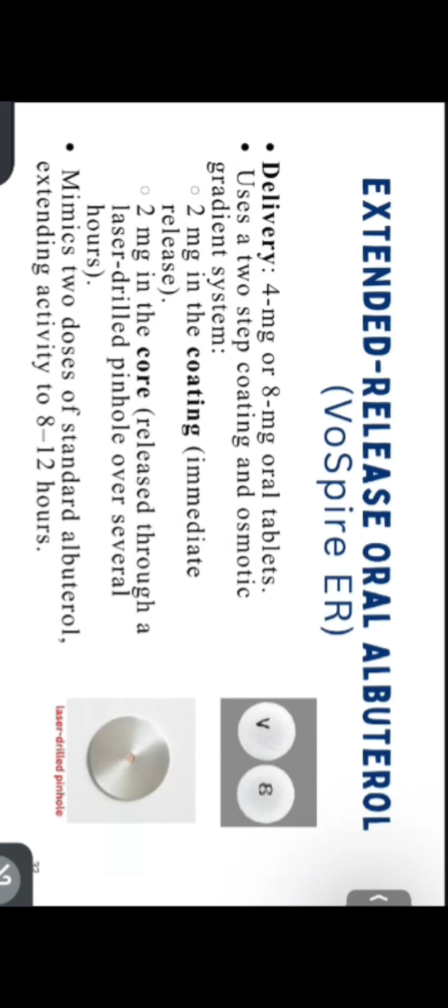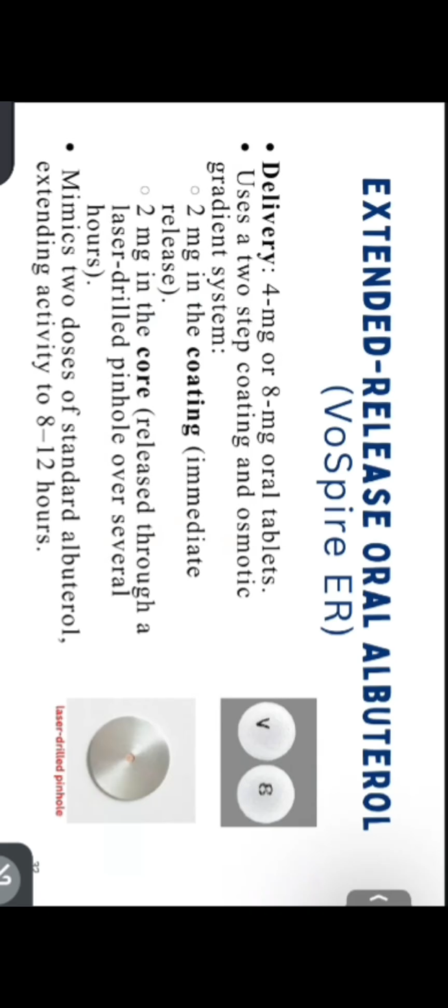So let's start with 2 milligrams in the coating. So this 2 milligrams in the coating is the outer layer that dissolves immediately to give you a quick 2 milligram dose, while the core holds the rest for later. So, dito sa core, dito na pumapasok yung osmotic gradient system natin. So, the osmotic gradient, think of this like a tiny pump.